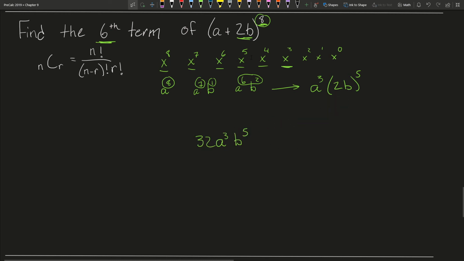And then we need our coefficient. All right, so again, we're finding the 6th term. So our coefficient will be 8, choose 6.